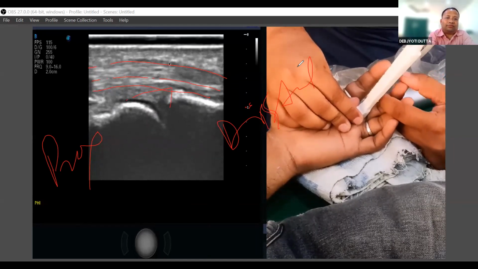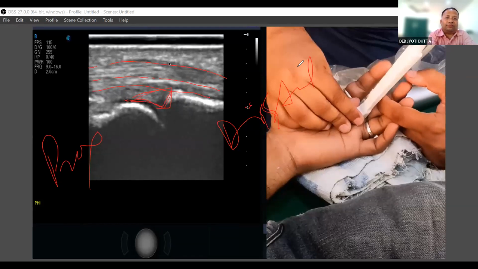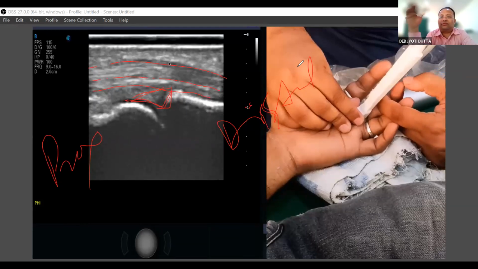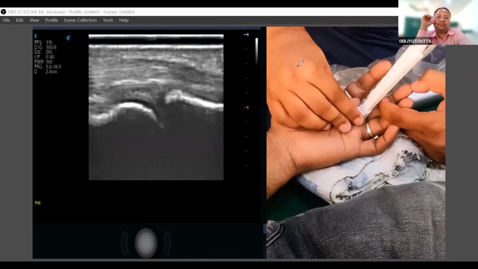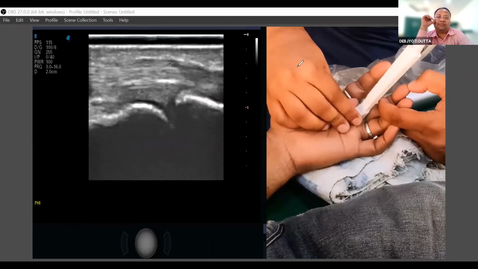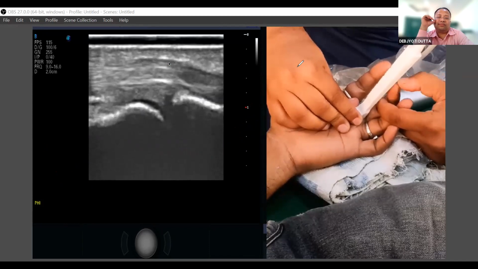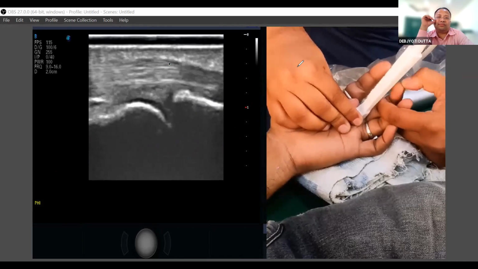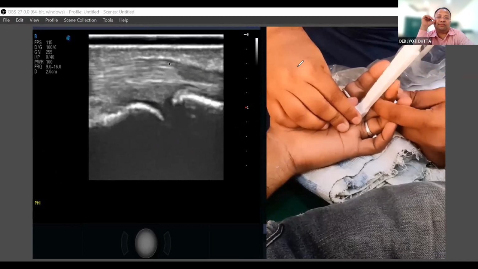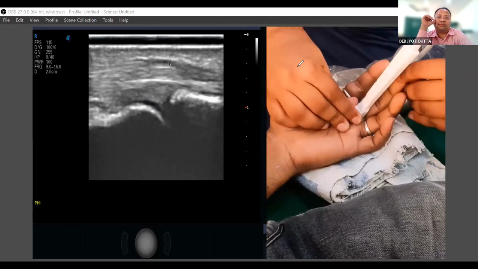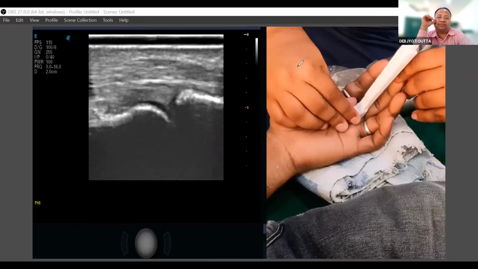You can see the superficial and deep part, and when you are fixing, only the deep part is moving, not the superficial part. Now this gliding through the pulley is very smooth. There is no obstruction. If we move the whole finger, again it is moving very smoothly.